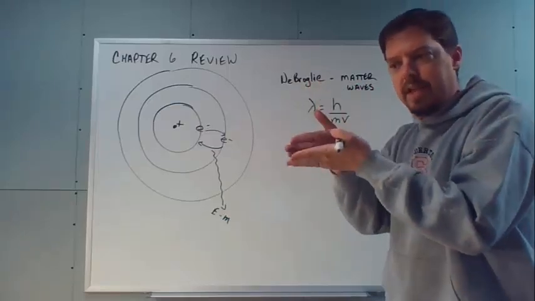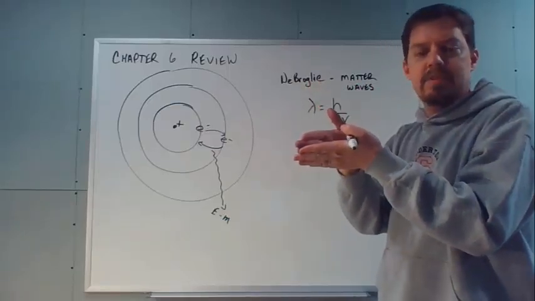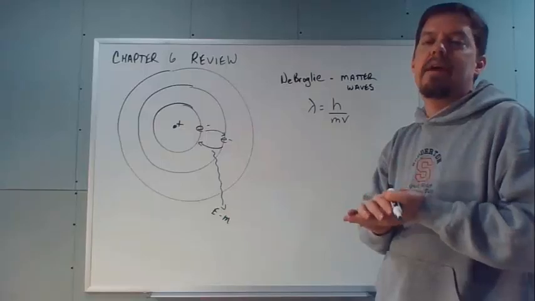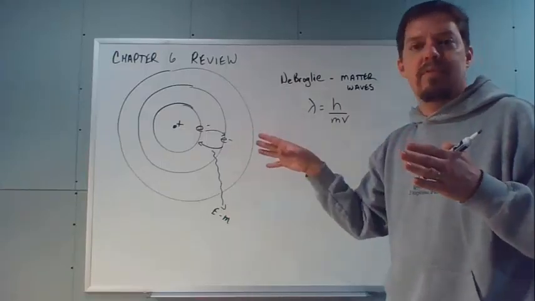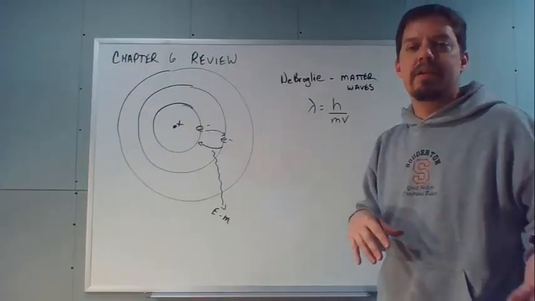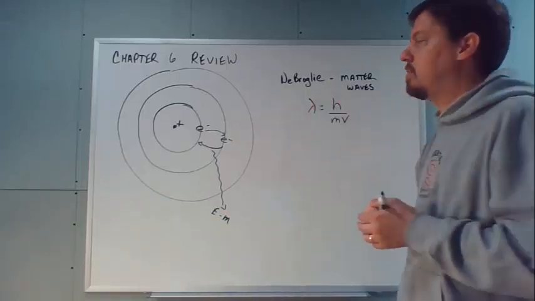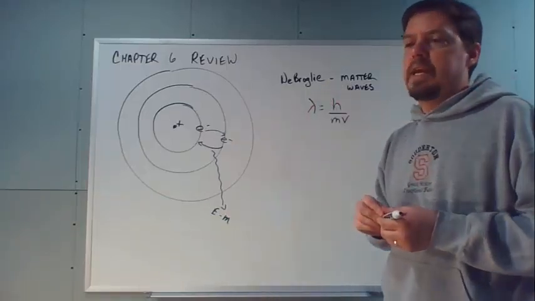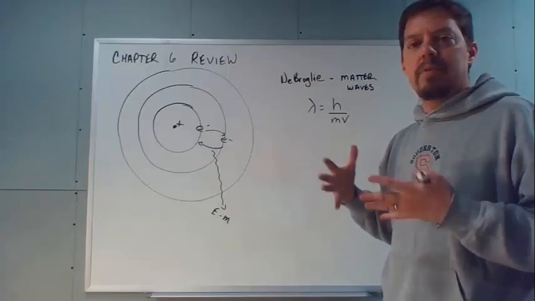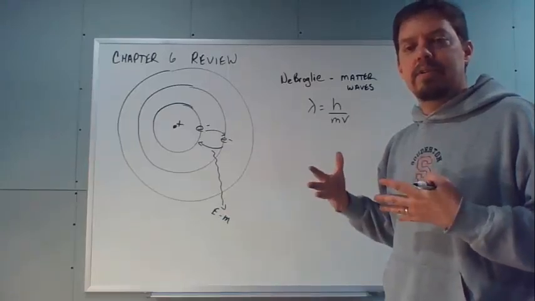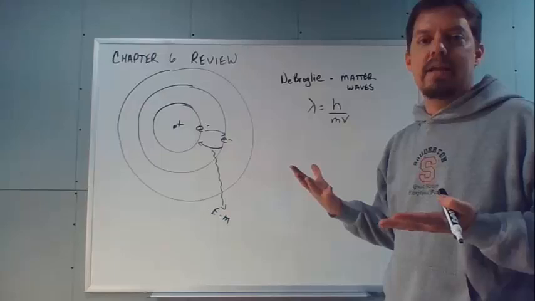Because if we find them by hitting them with light or some sort of energy to say, oh, there it is right there, then it's already moved differently. It's in a different spot. It's moving at a different speed, different radius, whatever. So Heisenberg was saying that no matter what we try to do, we're never going to narrow this down and completely understand everything that's going on in the atom.